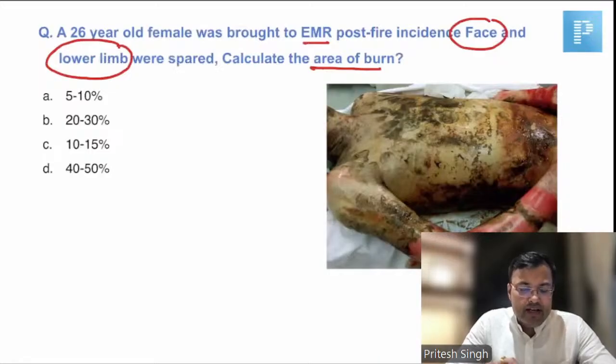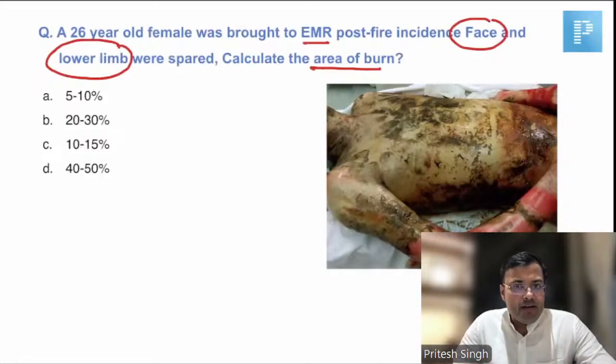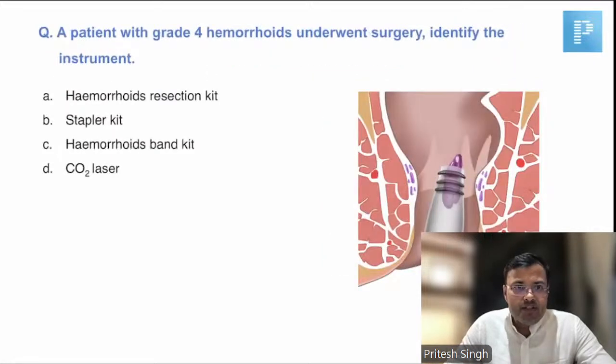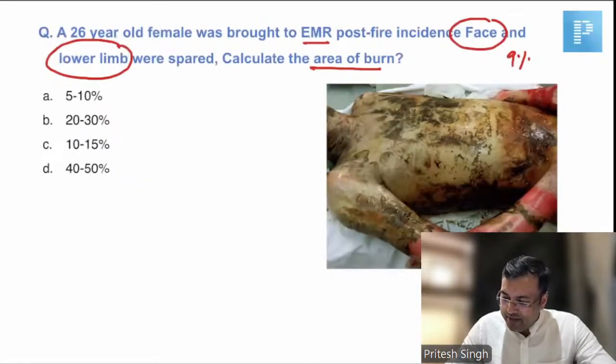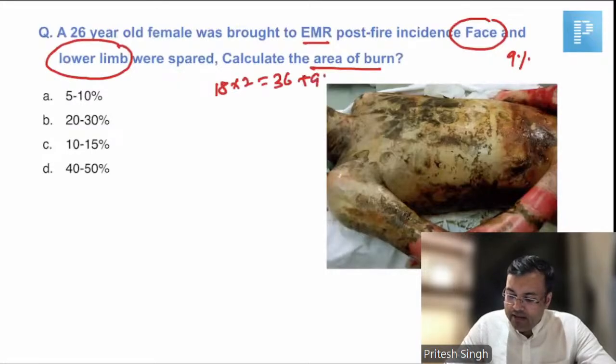So what is the area burnt? If the face is spared, the face is 9% and the lower limbs are 18% each. So face is spared, that is 9%, and the lower limbs are spared, so that is 18 into 2, 36. So total 36 plus 9, it is 45% which is spared.